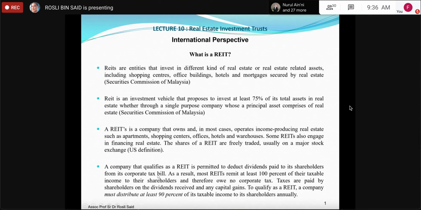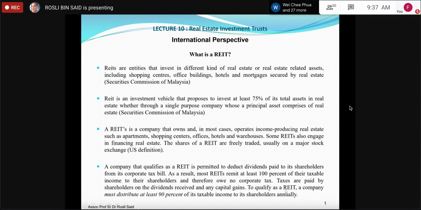Like I said just now, 90% must be paid as dividend, so only 10% is left for that particular company. As a result, most REITs remit at least 100% of the taxable income to the shareholders and therefore owe no corporate tax. Then taxes are paid by shareholders on the dividends received and any capital gains.